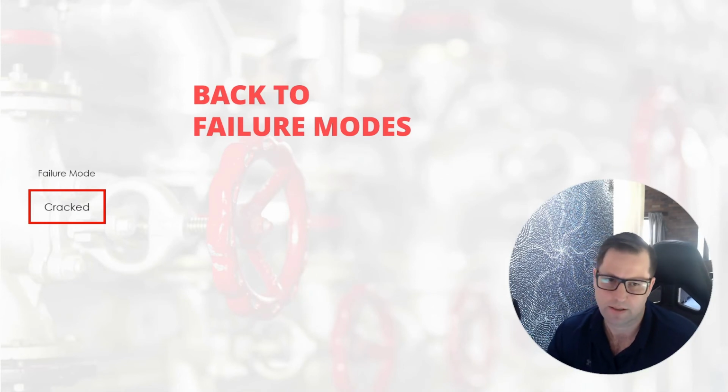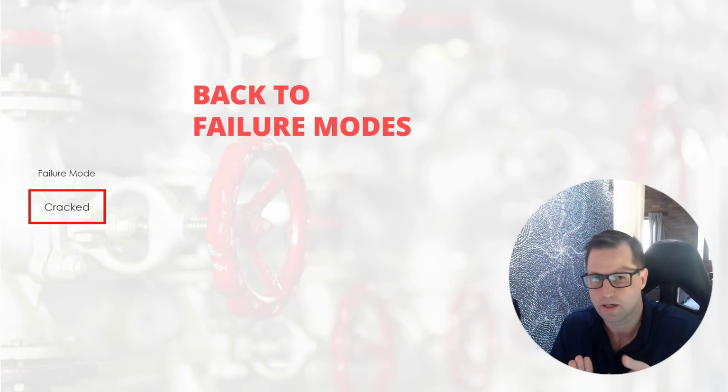In this case, we're going to say the failure mode is the asset is cracked. And we can look forward, kind of like you're looking forward in time, to the effects of that mode's occurrence.